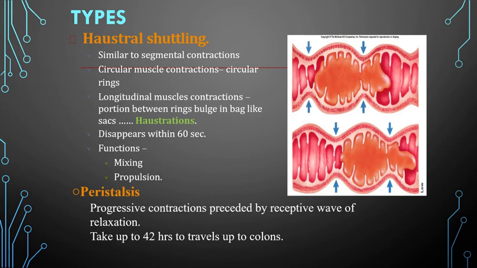This is a very slow movement, which takes almost 42 hours to travel through the colon, because the transit time in the ascending colon is 6 hours, the transverse colon 8 hours, and the descending and pelvic colons, that is sigmoid colon, almost 12 hours. From the pelvic colon to the rectum it is again very slow, which may even take 1 to 2 days. That's why it takes this long for movement to take place in the large intestine.